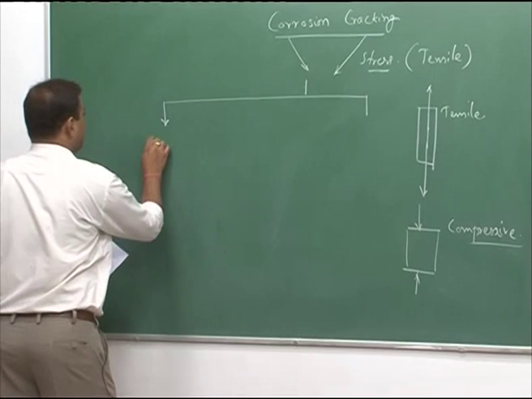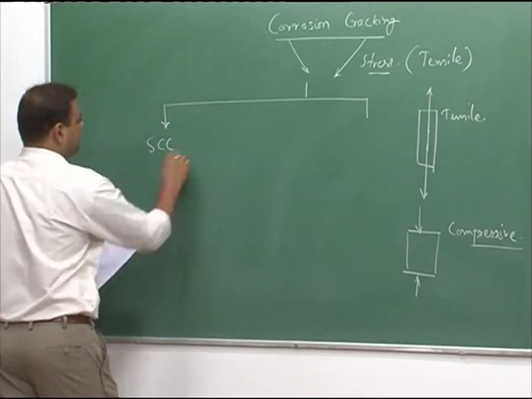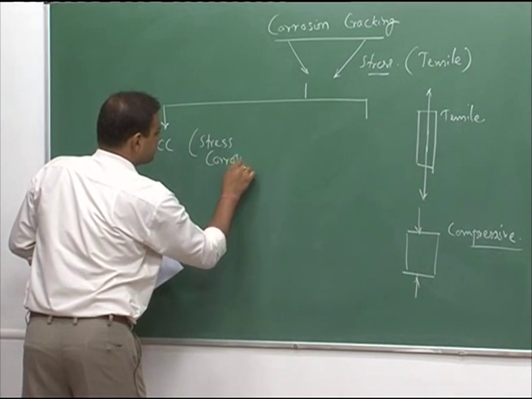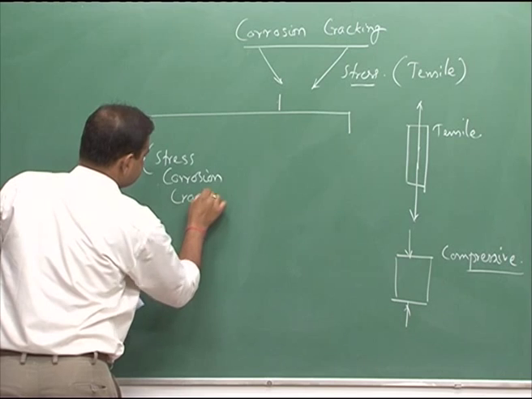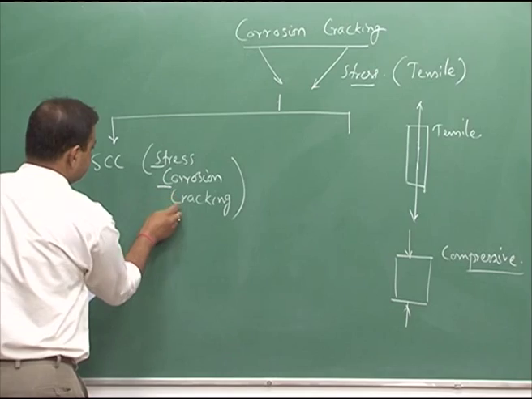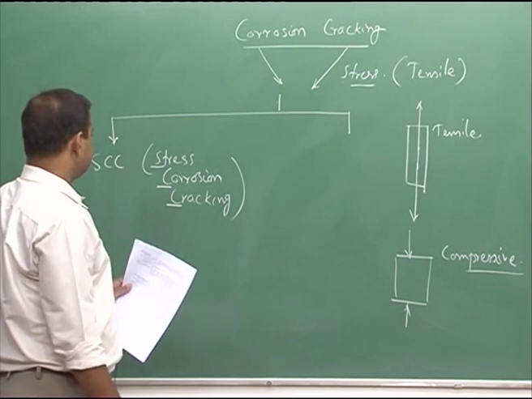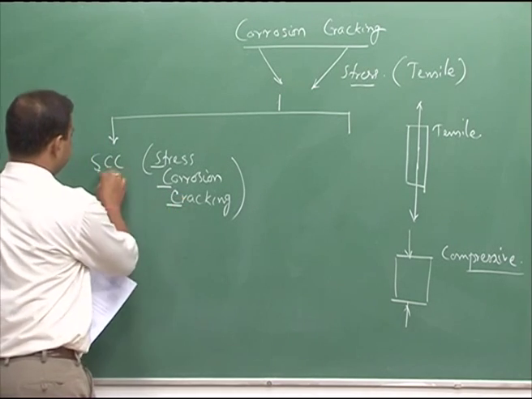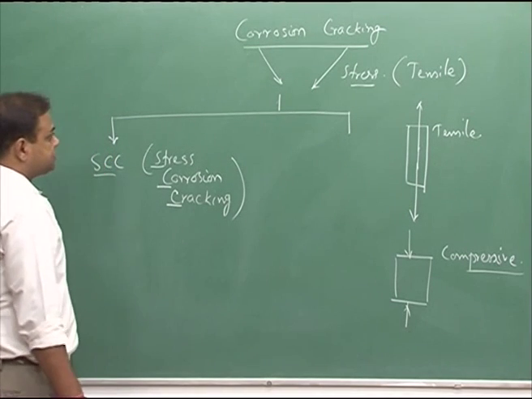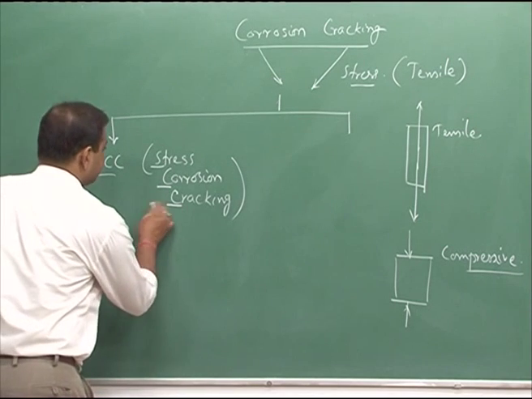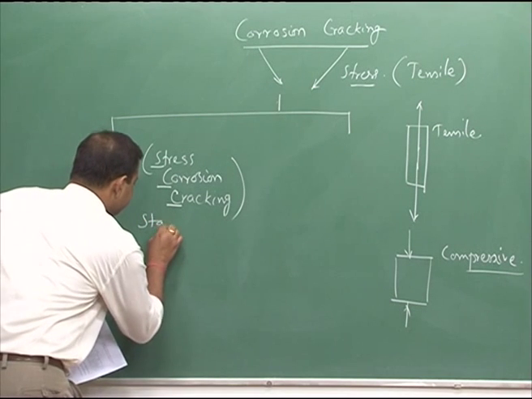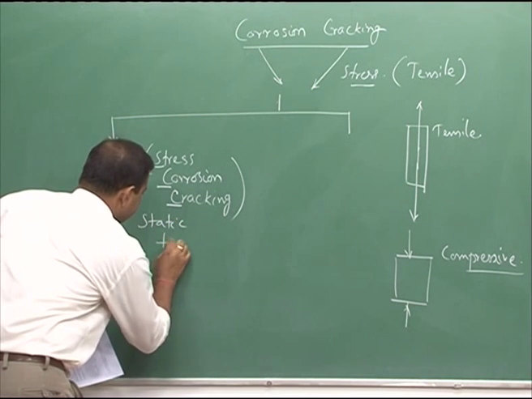The first division we call SCC, where we take the first letters, so that becomes SCC, which is stress corrosion cracking. Here the load or the stress basically involves static tensile stress.